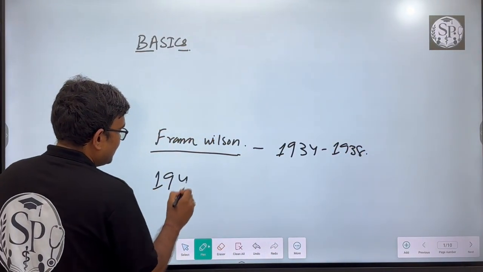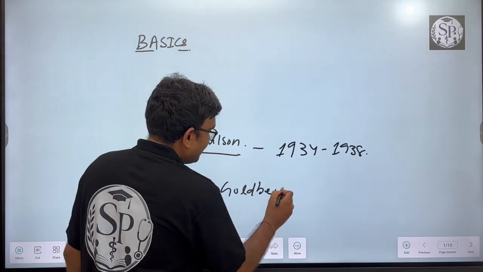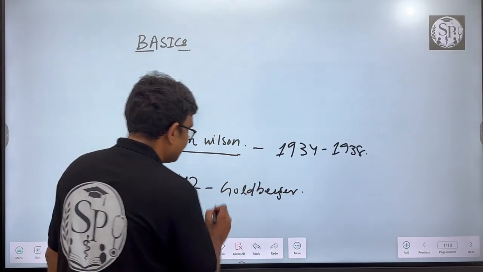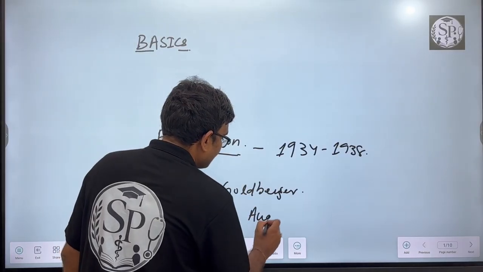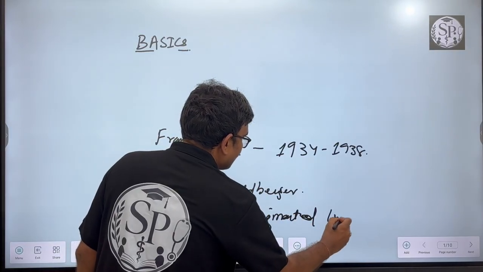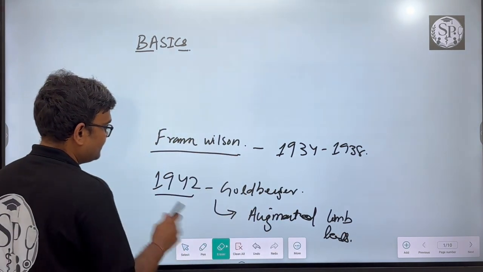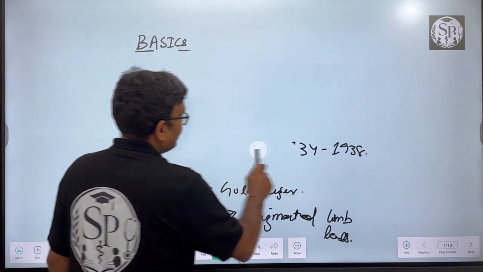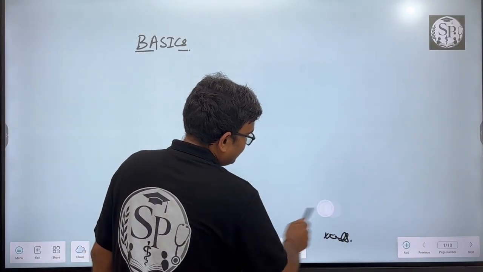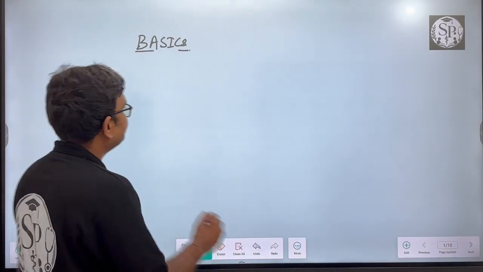In 1942, Goldberger modified these into augmented limb leads. So, these are the basics of the history of ECG.